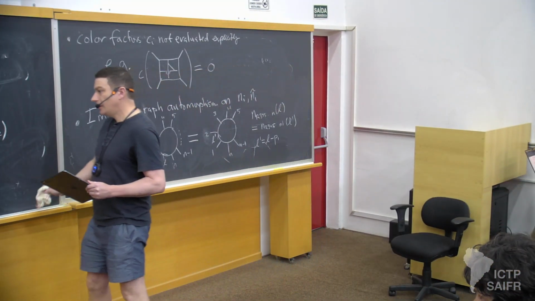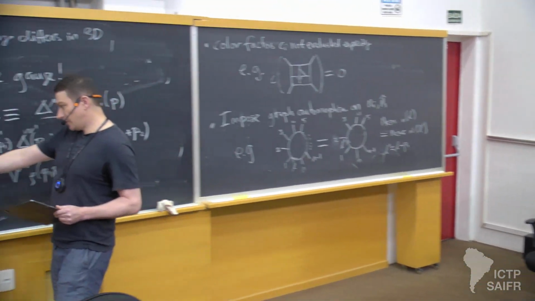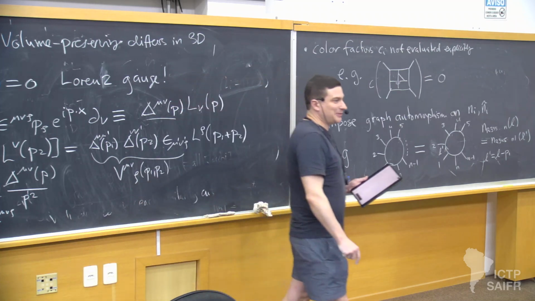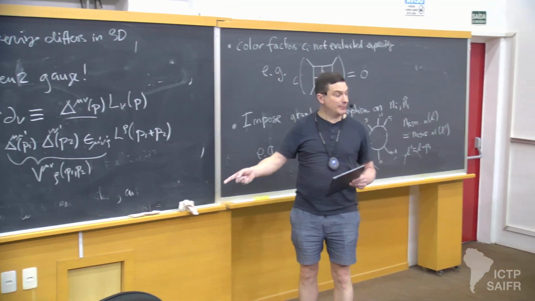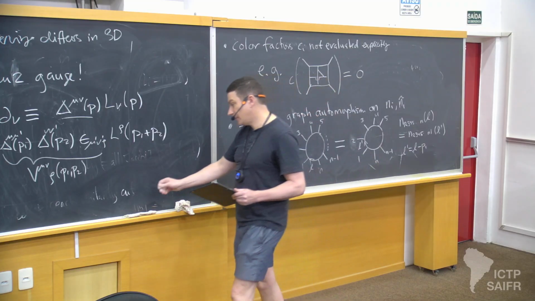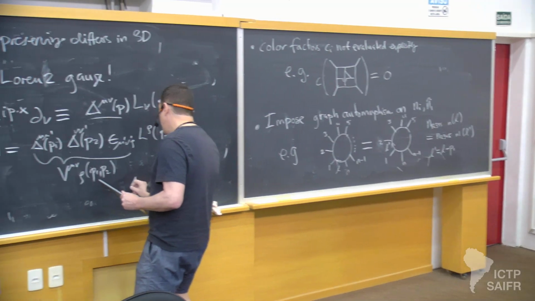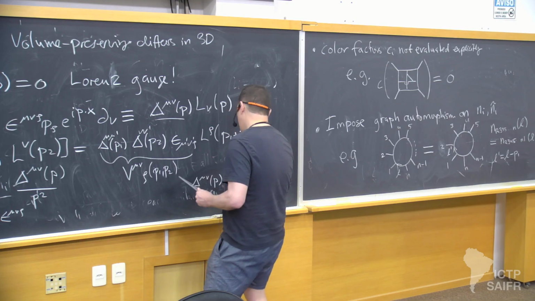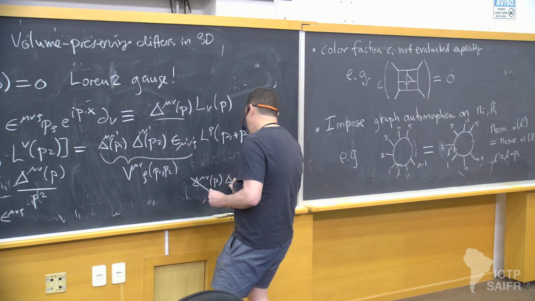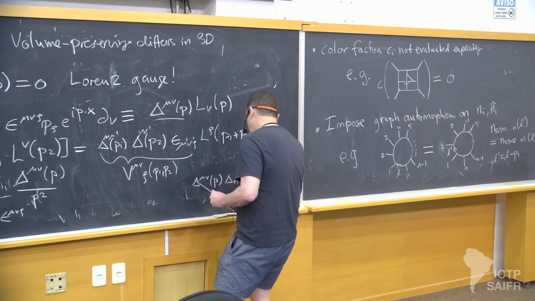Yeah. Well, it's not a metric because it's antisymmetric, and usually you want metrics to be symmetric. But you can square it. You square it, and then it becomes symmetric. So we can do that exercise. So mu nu p, and then I guess I do delta nu rho of p, right?